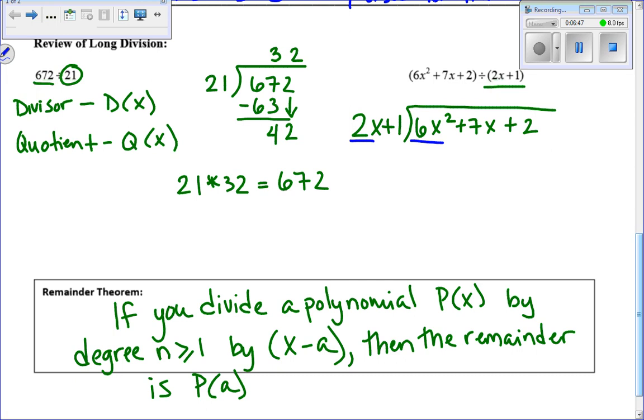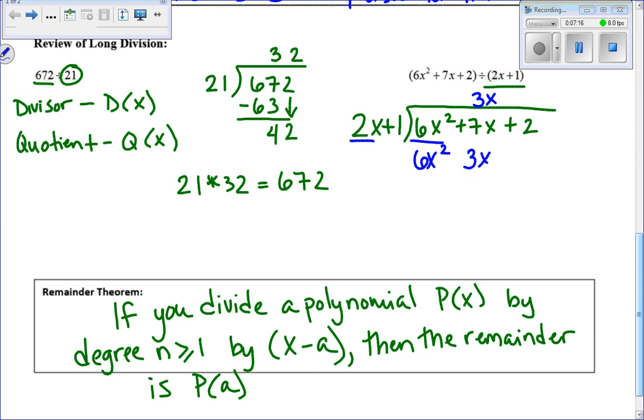You're looking to see what multiplies by 2x to get 6x squared. That is 3x. You want to line it up with the common term. So notice that I line it up above the 7x because it's a common term and not the 6x squared. So 3x times 2x is 6x squared. 3x times 1 is 3x.